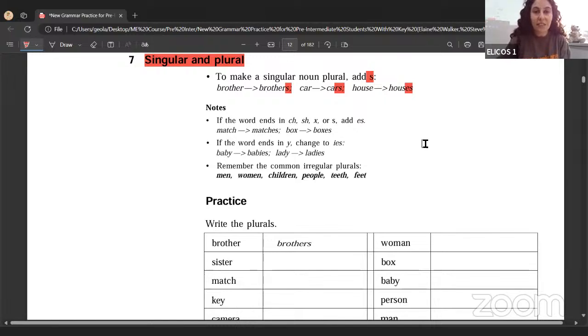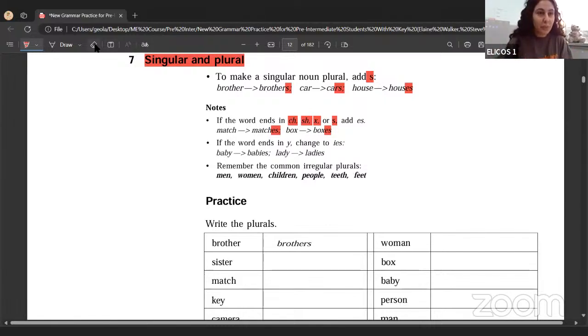But just take a note that if the word, the noun, ends in a CH, SH, X, or S, then we add an ES. So for example, match, that you use to make a fire, becomes matches. Box, boxes. And that's its pronunciation. It's matches, boxes. So it has a z, like a buzzing bee.